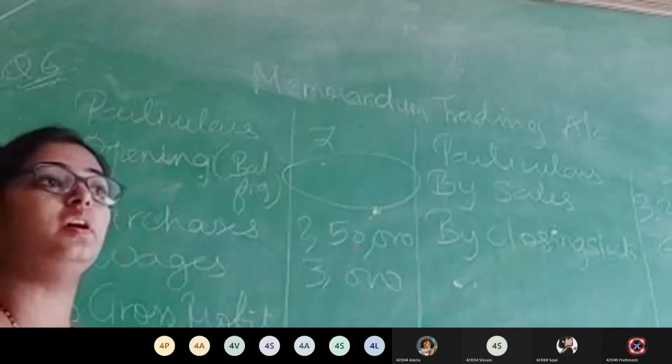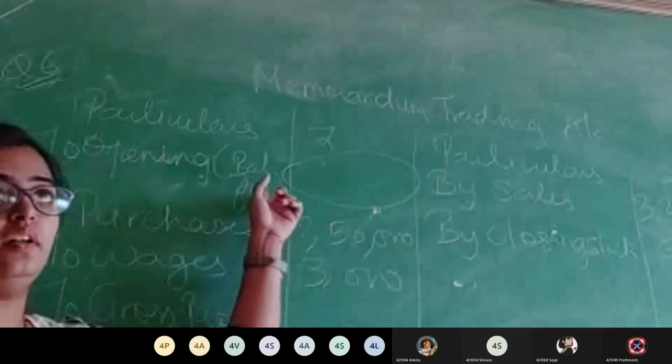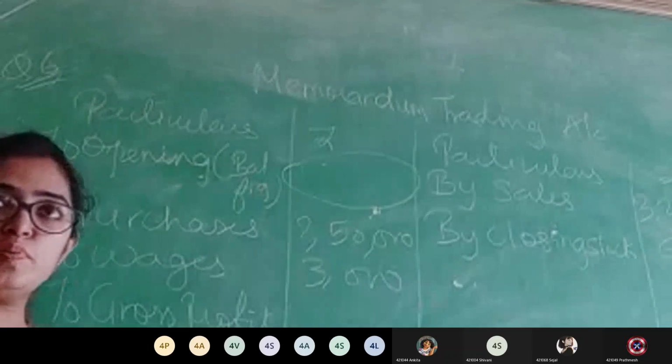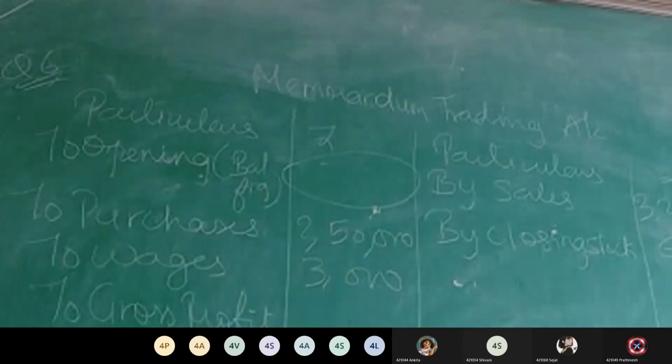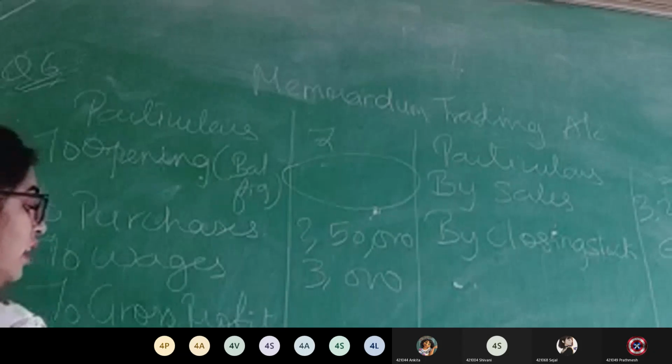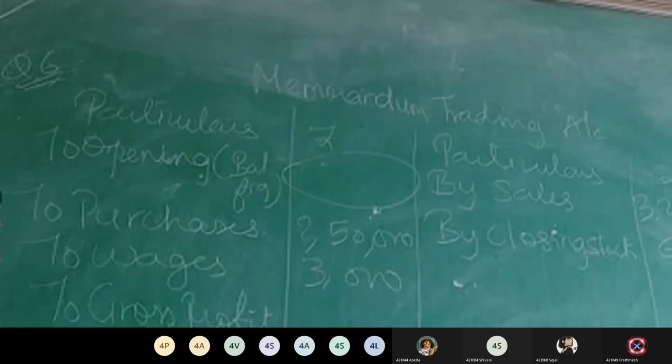This is not my balance figure. My balance figure is this one. So how do we find this out? Gross profit is given. They have given me the statement that it is 25% on cost. Now what is this? Make sure, because this is the basic. If I don't understand this, I won't understand further.